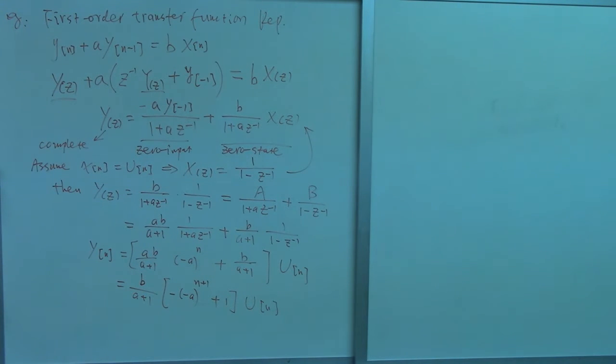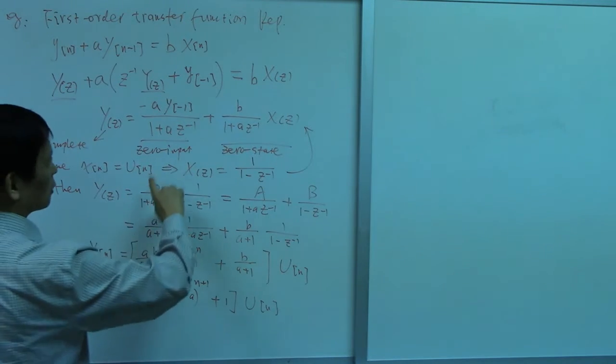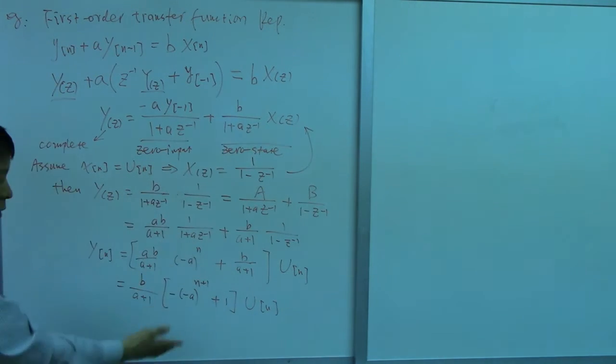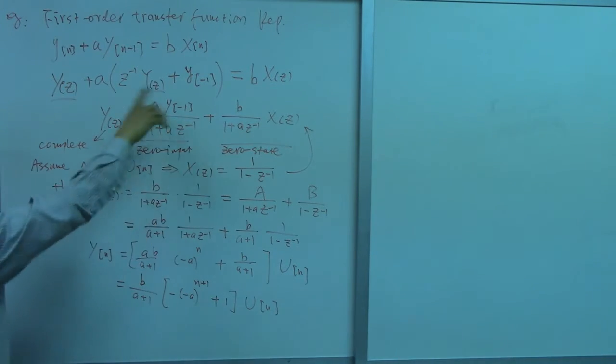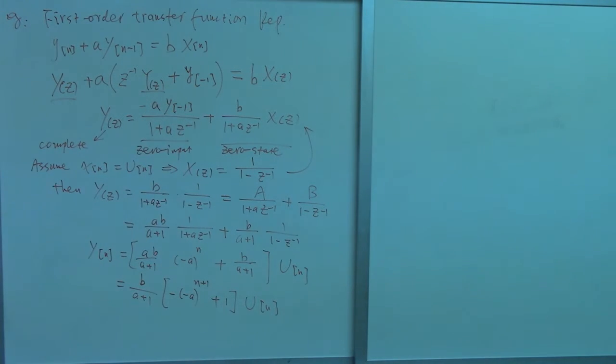If in the homework or anywhere I give you, for example, an initial condition, then you can combine these two terms together from here, then find the complete response at once. Or you can break this into two terms, find this first, which is zero input, then find this second, which is zero state. Then you add these two together, and we get the complete response.